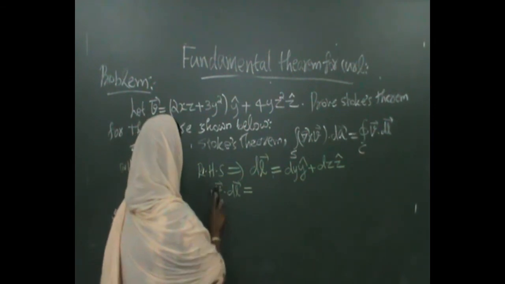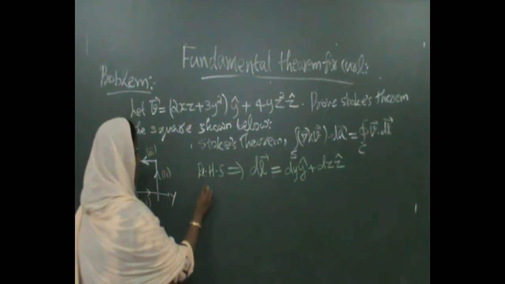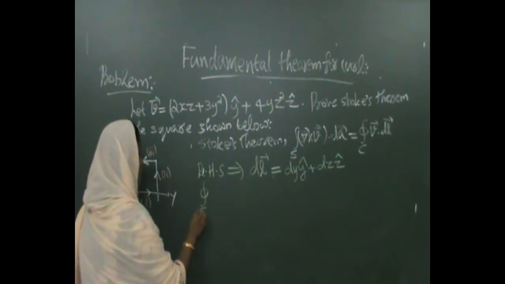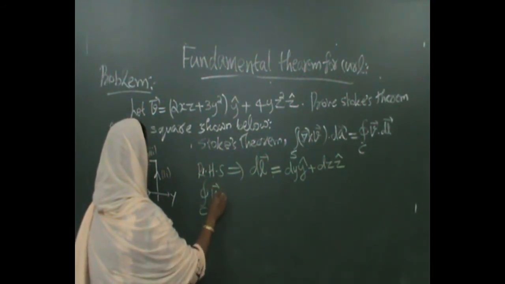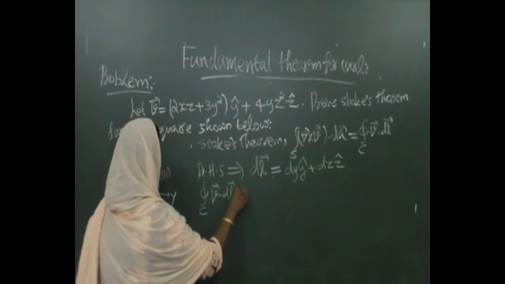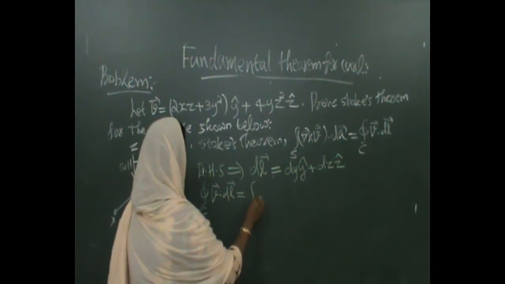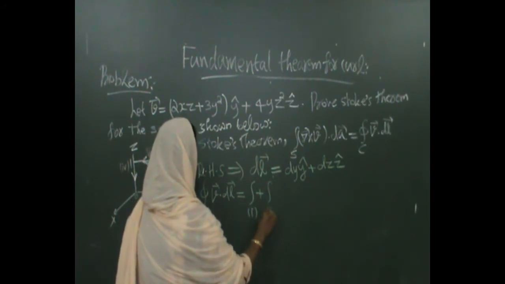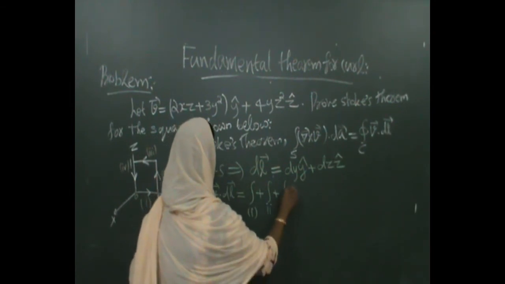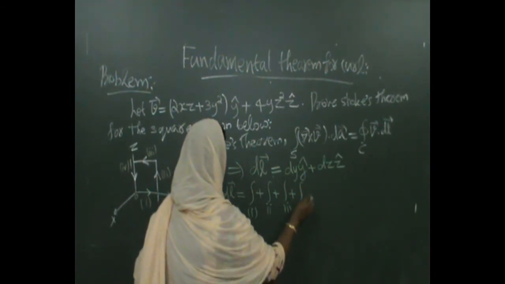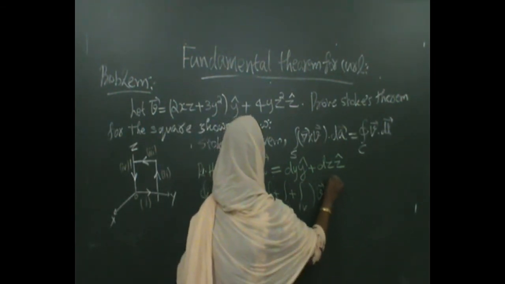Before that, we can split this integral as 4 segments. That is the line integration over this boundary of the surface, closed loop C of V dot dl, is equal to integration over path 1 plus integration over path 2 plus integration over path 3 plus integration over path 4 of V dot dl.